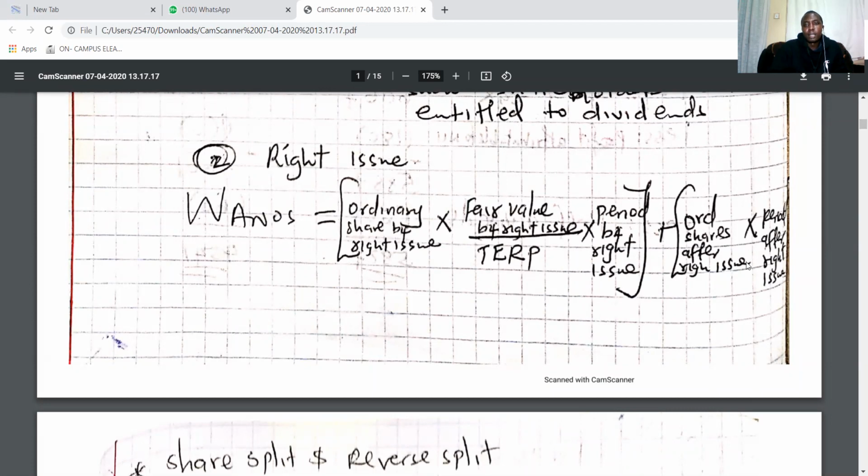Then you add ordinary shares after the rights issue, then you multiply by the period after the rights issue. So that is the case whereby you have a rights issue in a question. This is the formula you use to determine your denominator, the weighted average number of ordinary shares.